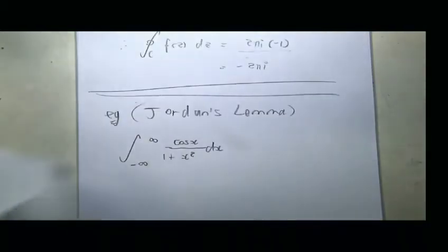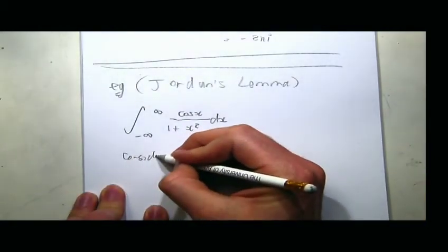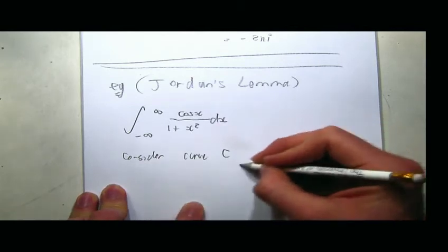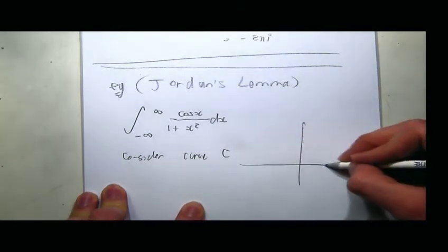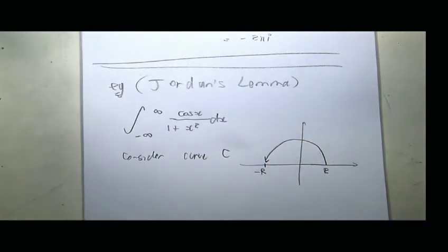Okay, so let's try and decipher what this thing says. First it says we consider a curve C like that, where this is minus r and this is plus r, and the curve back from minus r to r.